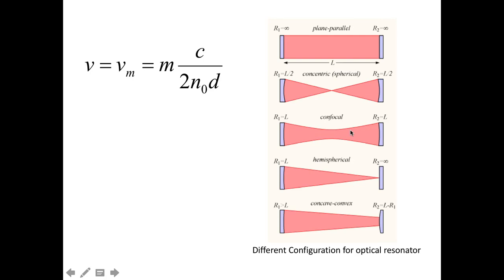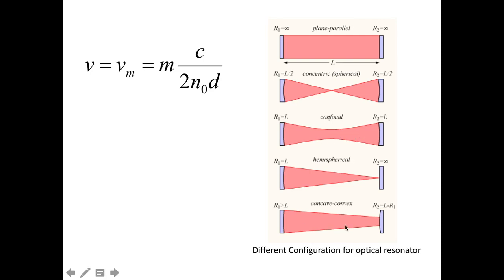This design produces the smallest possible beam diameter at the cavity mirror for a given cavity length, and is often used in lasers where the purity of the transverse mode pattern is very important.